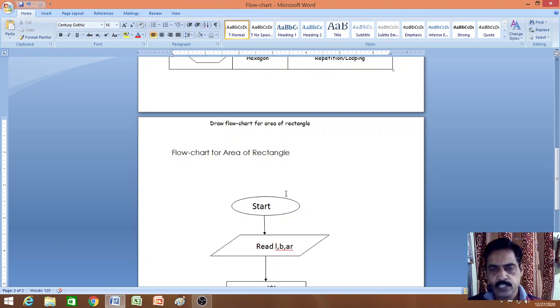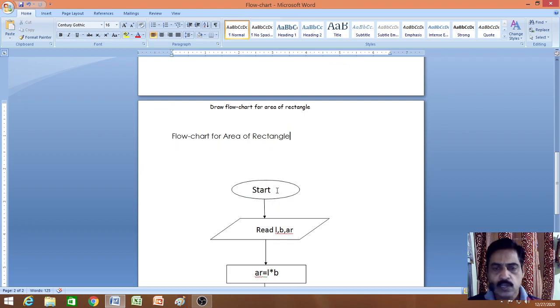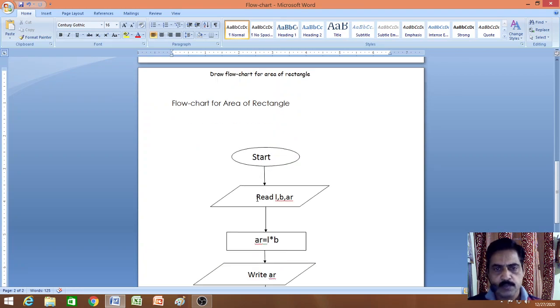Then the first step of the algorithm is start. So here also I have drawn the oval shape because its function is start and stop. The second step of the algorithm is read L, B, and for read the symbol is parallelogram.